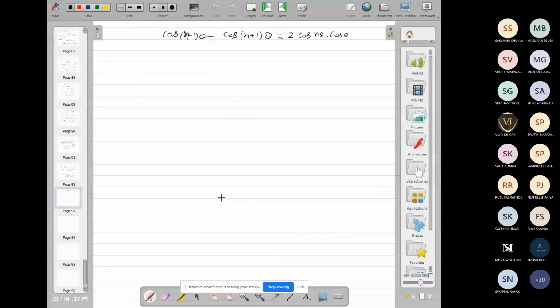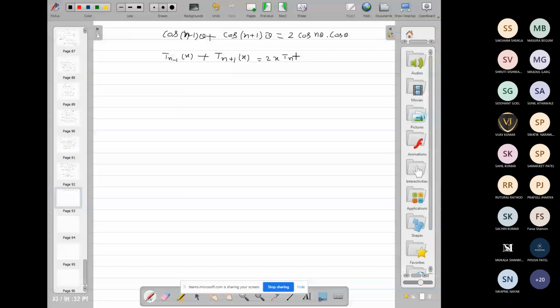So this is T(n-1)(x) plus T(n+1)(x), and this is equal to 2x Tn(x). Using the definition, we obtain this relation.